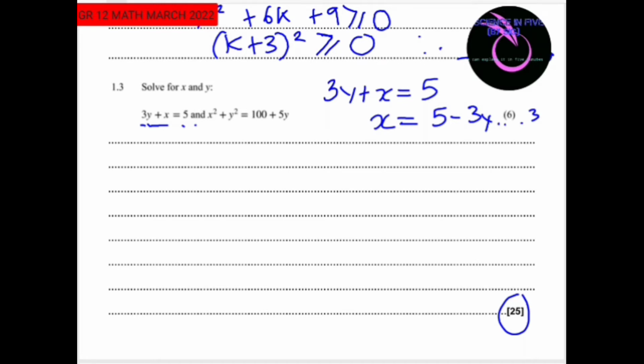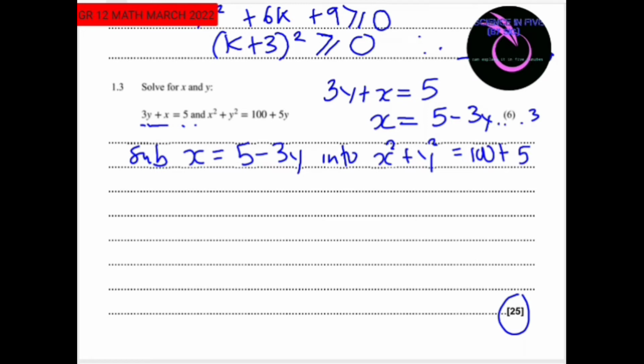So what I'm going to do now, I'm going to say sub x equals 5 minus 3y into the first equation, okay? Into this equation, x squared plus y squared equals 100 plus 5y.